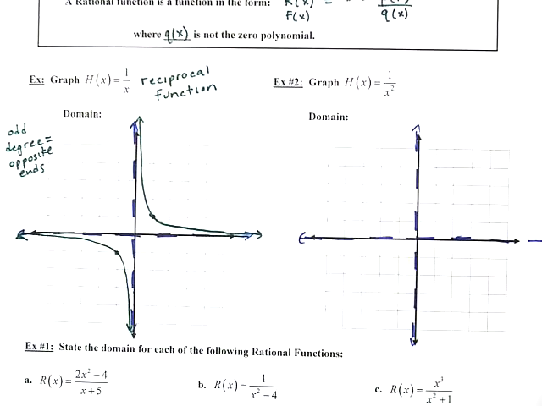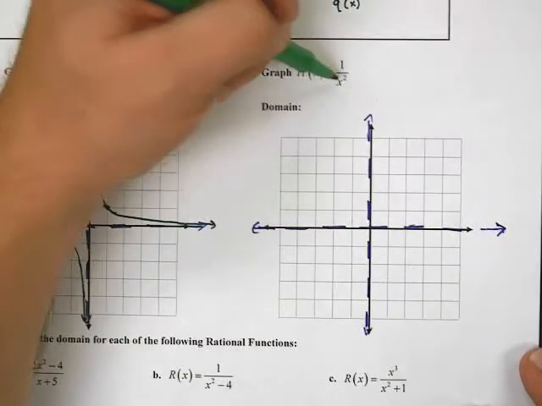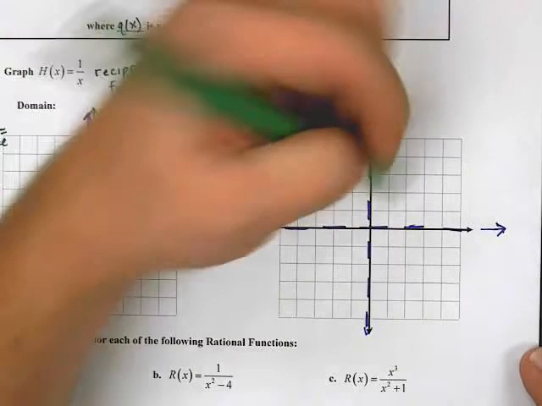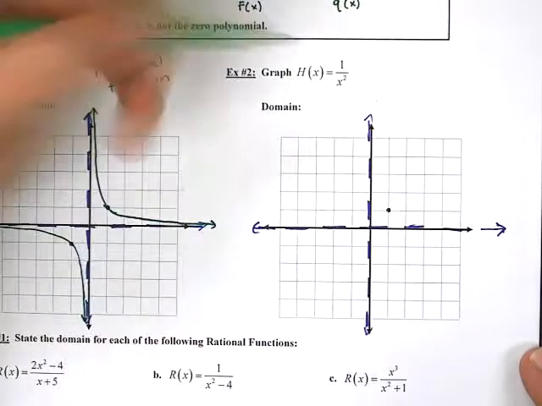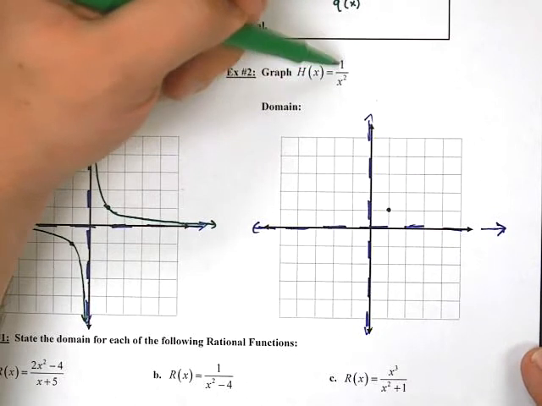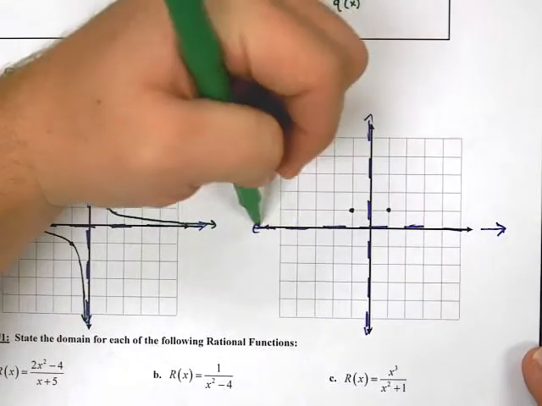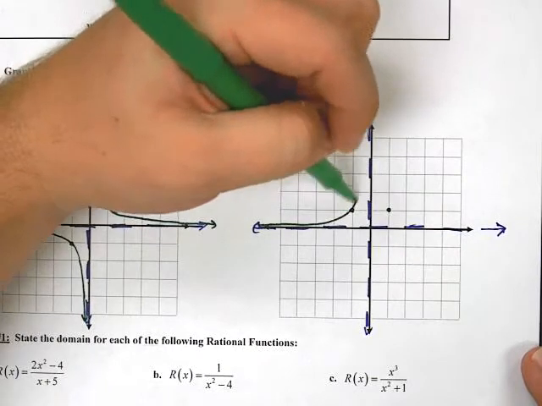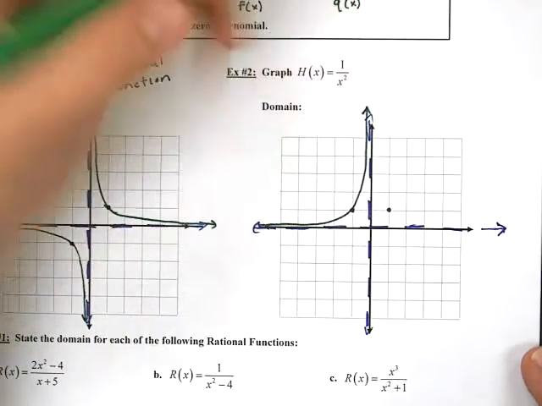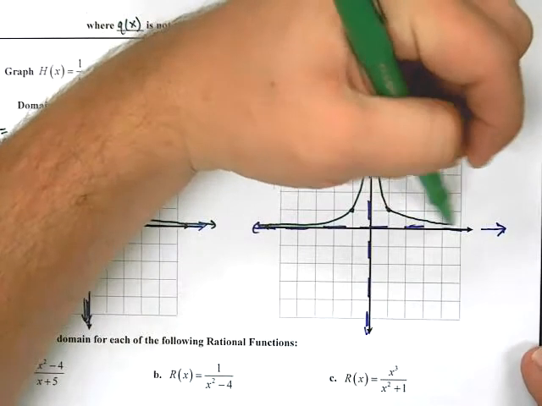The thing that you have to be careful of, though, is what happens when I plug in points. If I plug in 1, 1 squared is 1, so 1 divided by 1 is 1. When I plug in -1, -1 squared is positive 1, and 1 divided by positive 1 is 1. So what's happening here is it's all staying above the x-axis, kind of like that.